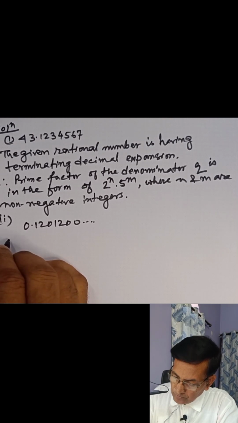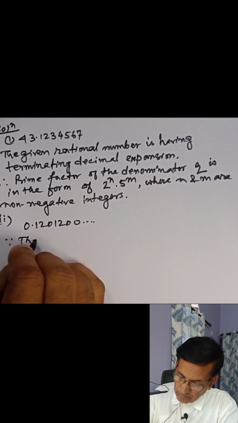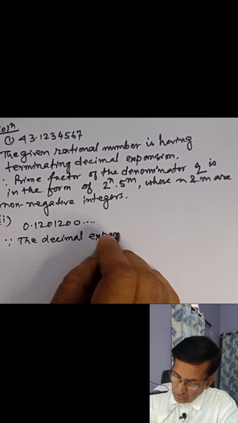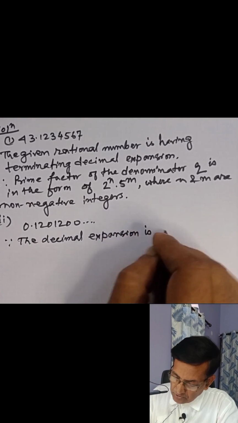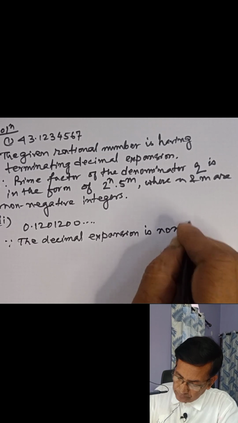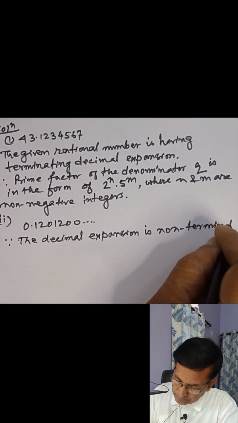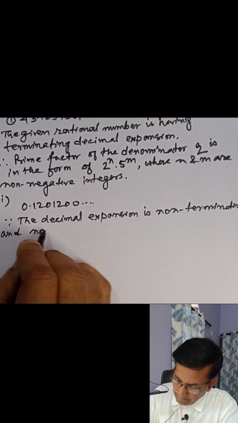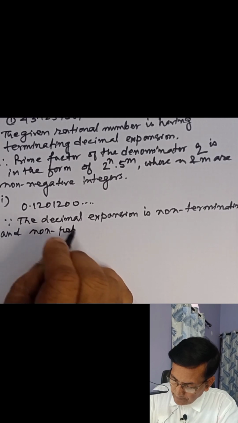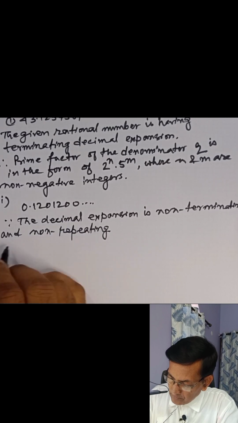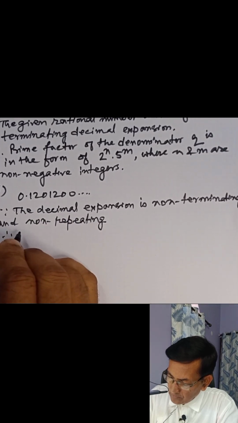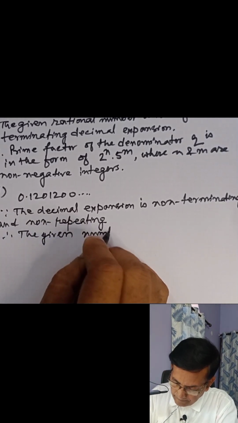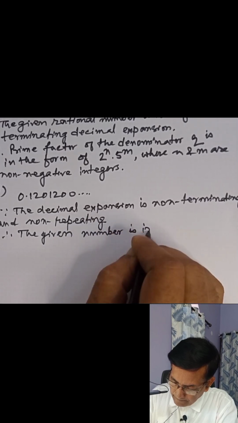So we can conclude that, therefore, the given number is an irrational number.